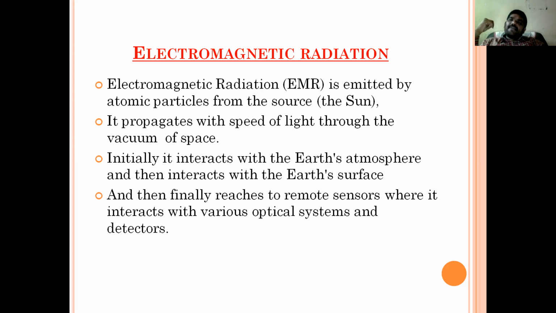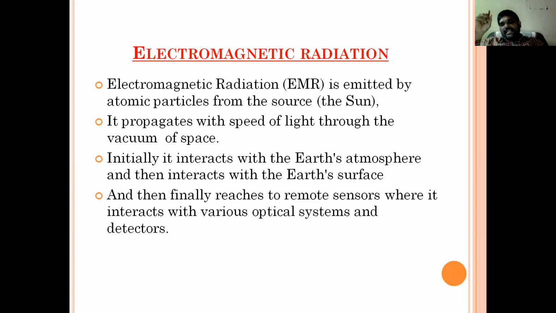What exactly is it, what is its source, and how does it enter the world? We are going to discuss that here. The primary source of electromagnetic radiation is atomic particles that are released from the sun.